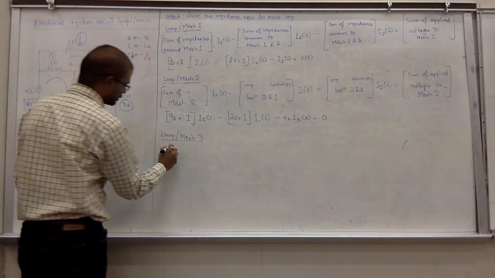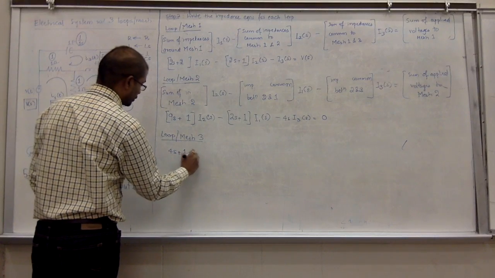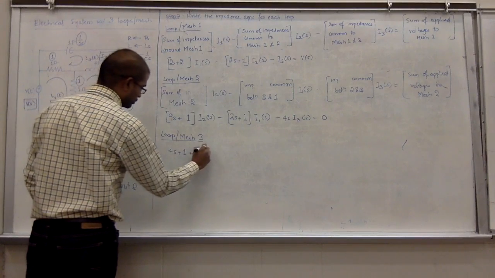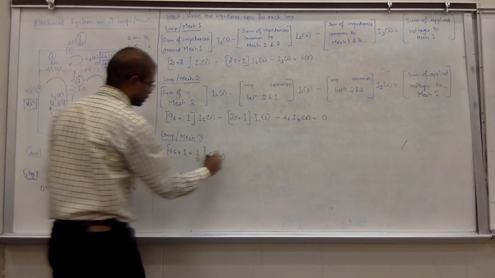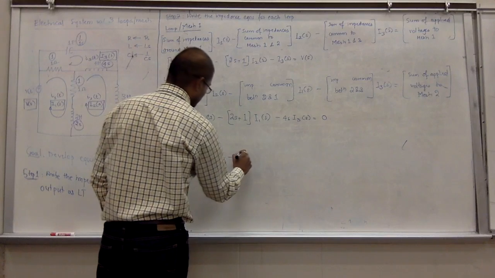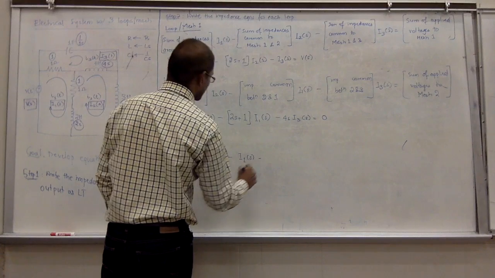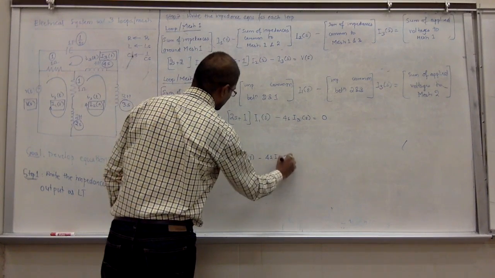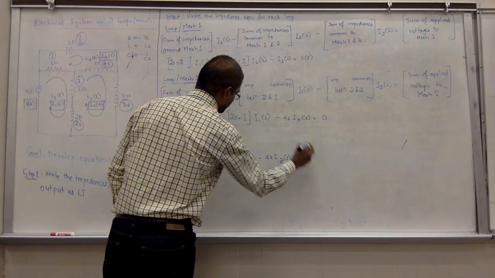So you have 4s plus 1 plus 1 over s, this whole thing times I3 of s, minus what is common between 1 and 3, which is just 1, times I1, minus what is common between this, the 4s, times I2, equal to, again, 0.